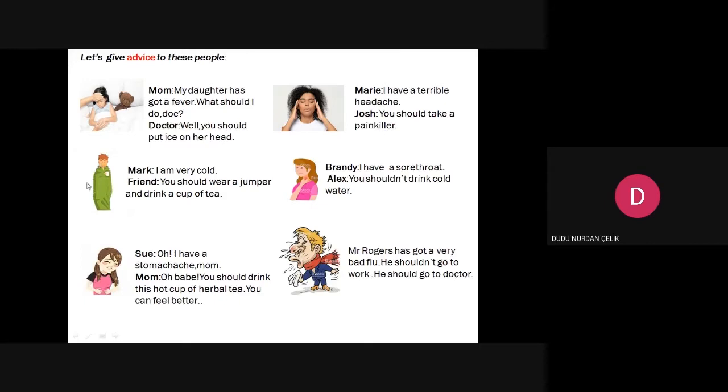Mark is very cold. Look, a blanket, hot tea. He says, I'm very cold. And his friend says, Mark, you should wear a jumper and drink a cup of tea.